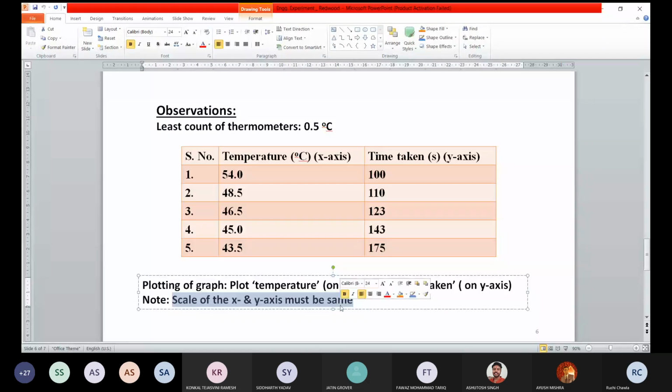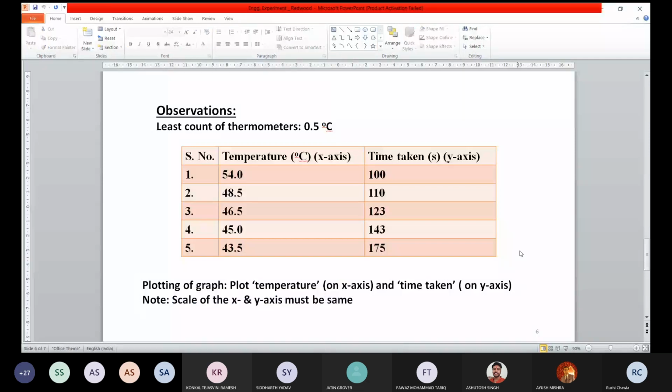The plural of axis is axes, A-X-E-S. Take the scale for the two axes as same and mention the scale on the graph itself. Should I move to the next slide? Yes, ma'am.